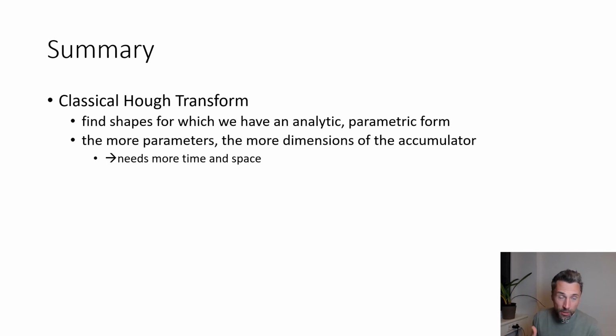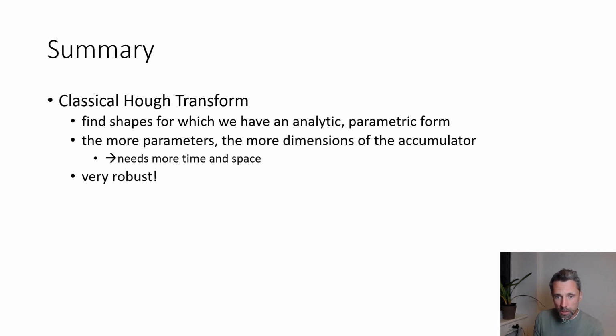The more parameters this parametric form uses, though, the more dimensions we have to create in the accumulator, which needs more space to store these entries and also more time to loop through those dimensions. But it is very robust.